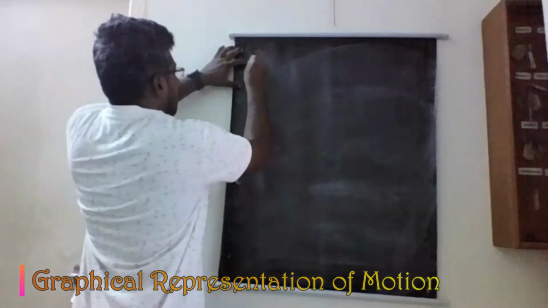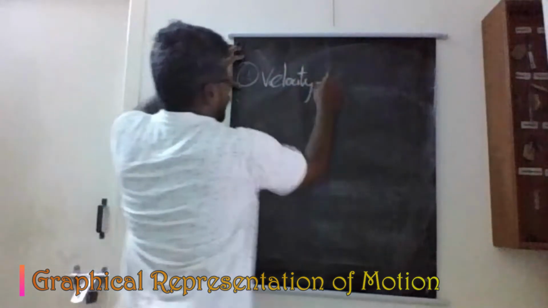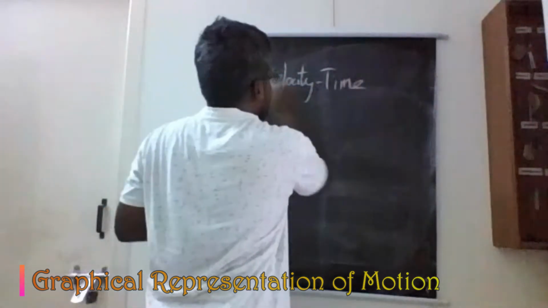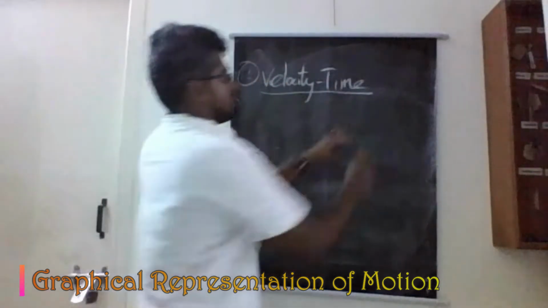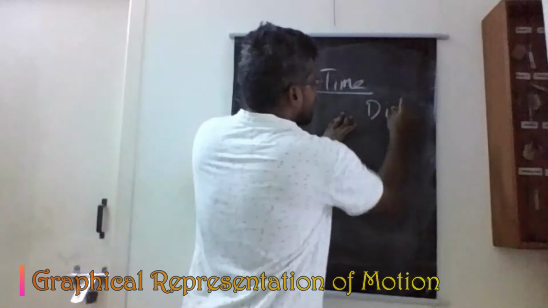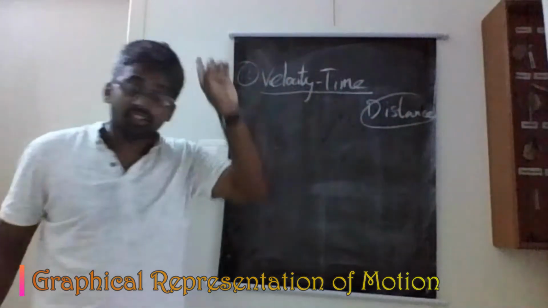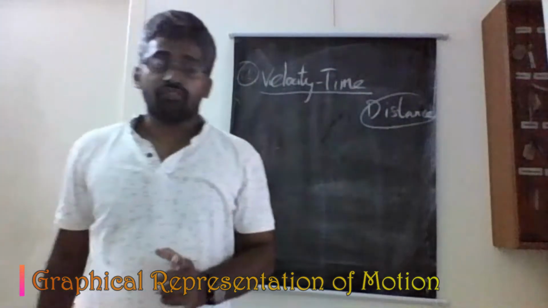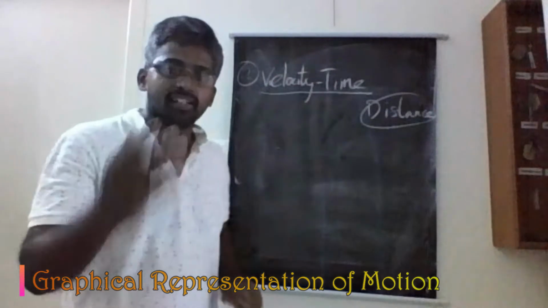I hope you remember, that is the velocity time graph. In velocity time, what is missing? Distance is missing. So we are going to find distance. So in the first graph, we are finding speed. In the second, we are going to find distance.